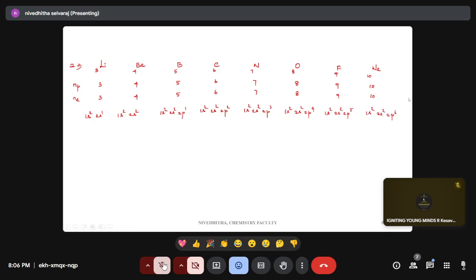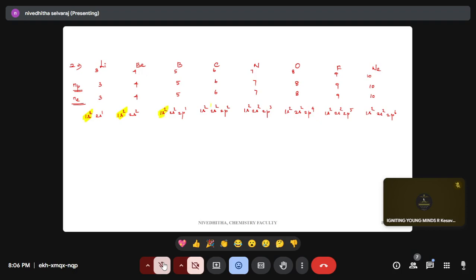Listen here. As we move from left to right in a periodic table, proton count is increasing, which means nuclear charge is increasing. Similarly, electrons are also increasing, but the extra electrons are added into the same shell, which is the second shell here. There is no change in the inner electron count.